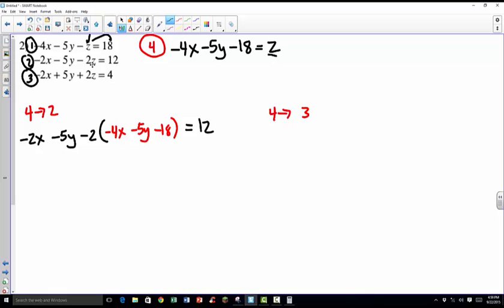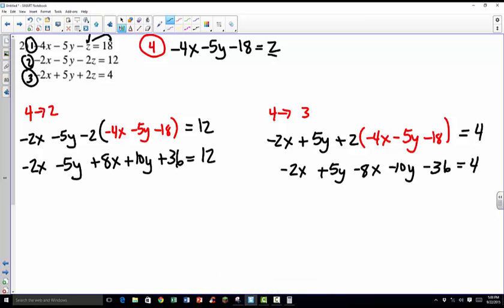Over here, equation 4 into 3: negative 2x plus 5y plus 2, and then put in what z is. Well, z is negative 4x minus 5y minus 18, and then the rest of our problem equals 4.